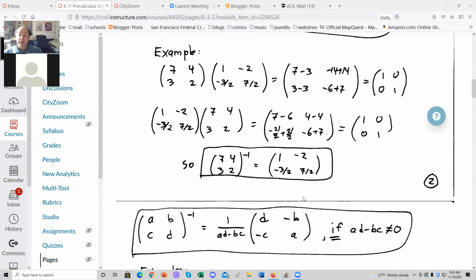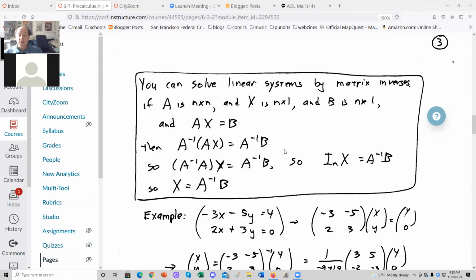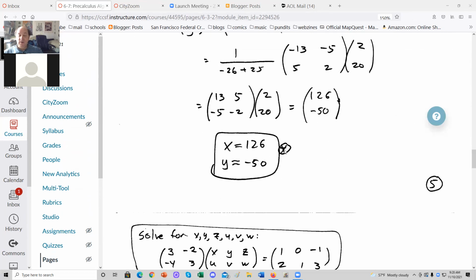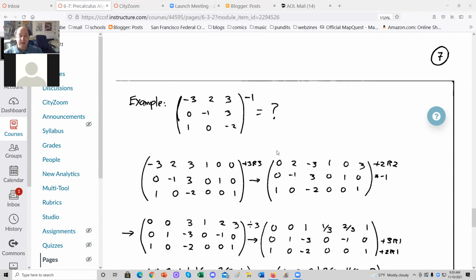It's not that bad, especially for 2 by 2, because for that matrix we have a closed formula, and that's not that difficult. There are closed formulas for higher order matrices, but it's a major pain in the neck. So, all right, let's see.